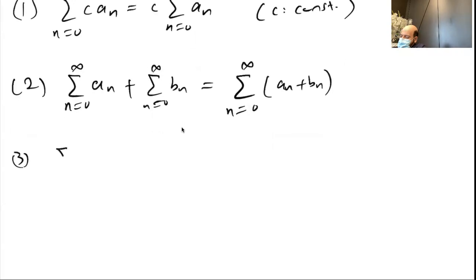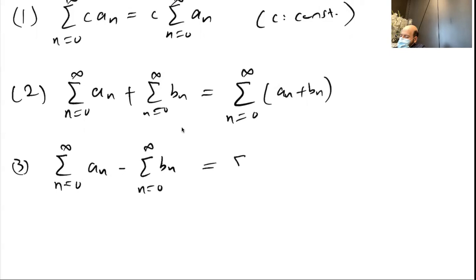So if you have the sum of a_n minus the sum of b_n, if I combine the first property and the second property above, I can write it as the sum of a_n from 0 to infinity plus the sum of minus b_n from 0 to infinity.